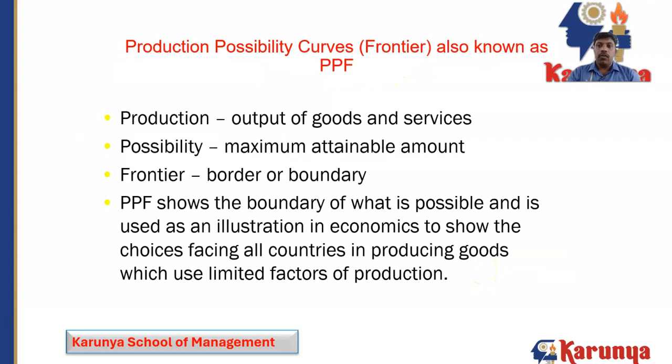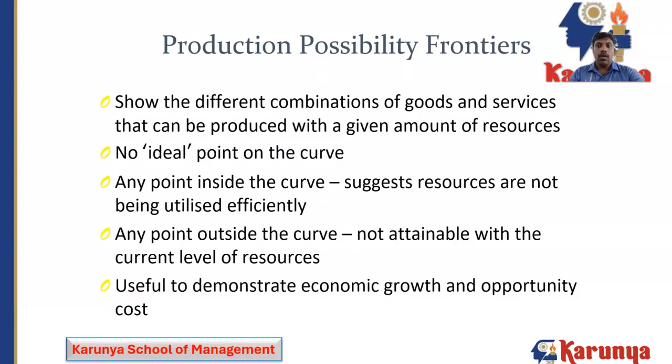When we study, we need to understand these concepts. Production is the output of goods and services, possibility is the maximum attainable amount, and frontier is the borderline or boundary line where all the resources are employed effectively. The PPF shows the boundary of what is possible and is used as an illustration in economics to show the choices facing all countries in producing goods which use limited factors of production.